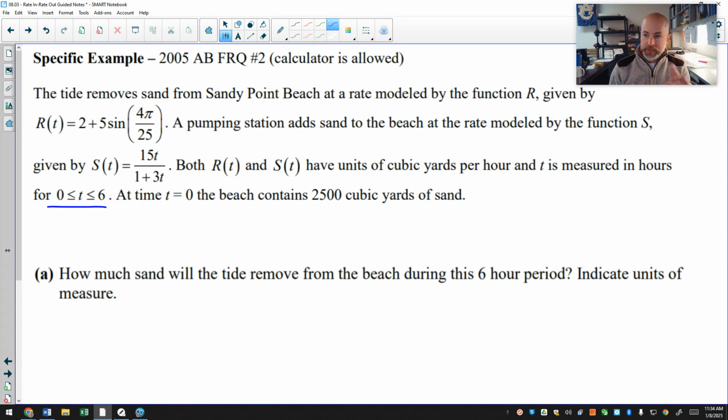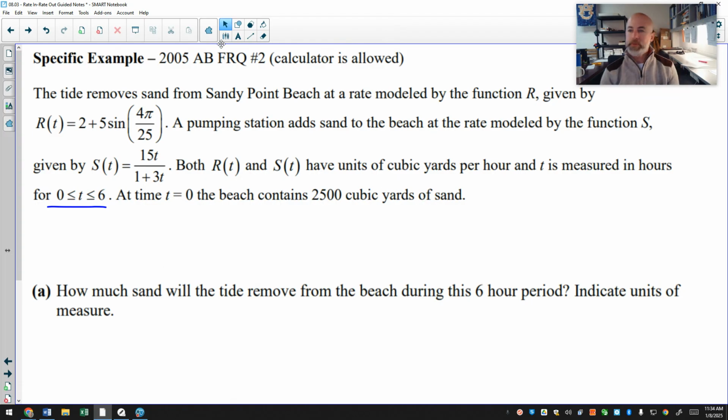First thing I will do, because I don't like reading a block of text when I'm doing math work, is I will go through this problem and remove all of the important pieces, or at least what I think will be the important pieces. And the important pieces are that I have a rate, R of t, is the rate that sand is removed, so that's my rate out. So my rate out is R of t. My rate in, pumping station adds sand at the function S of t.